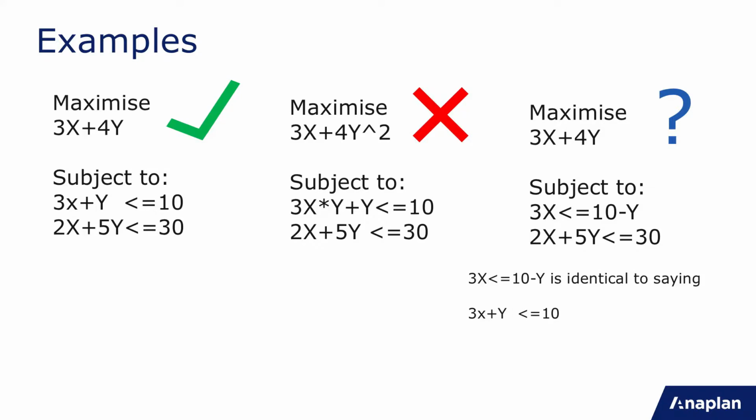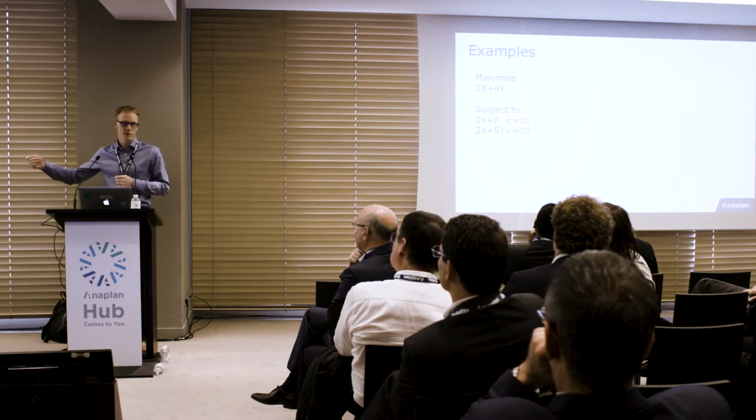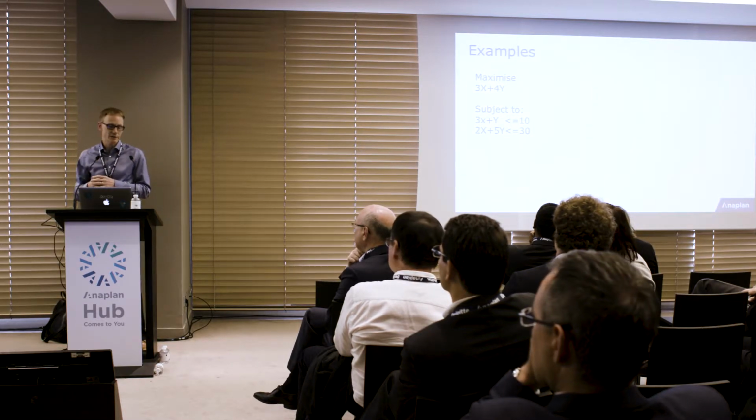So I'll give you a few brief examples of what it means to be a linear problem. Imagine for a moment a slightly different scenario. I have a certain budget for a project, and either I could use internal resources that have a certain cost, or I could use external resources, say contractors, that have a different cost.